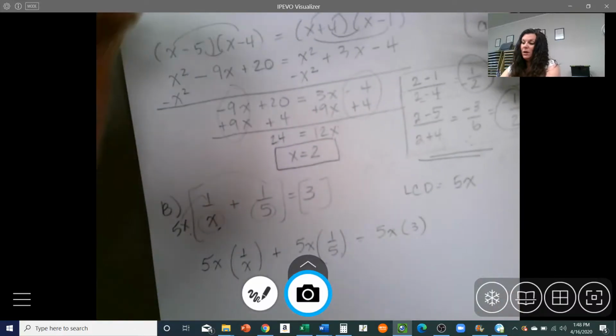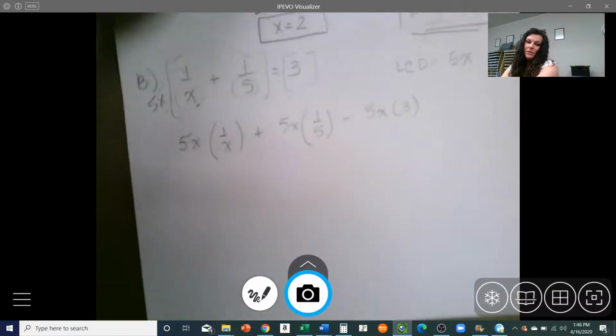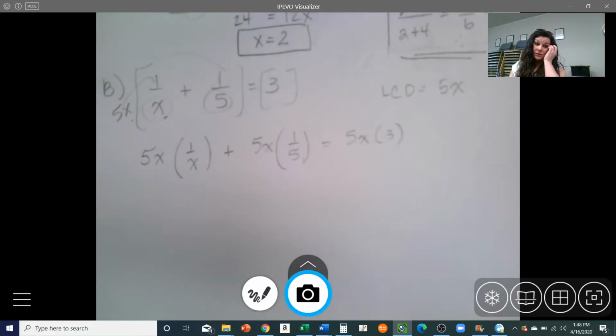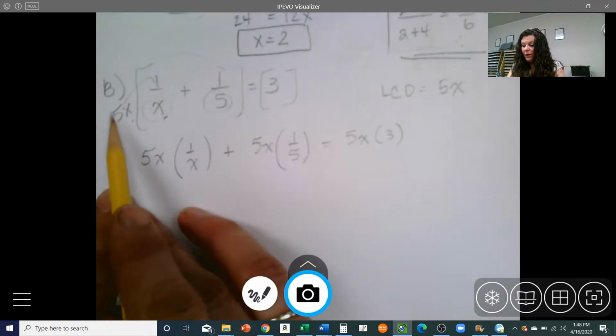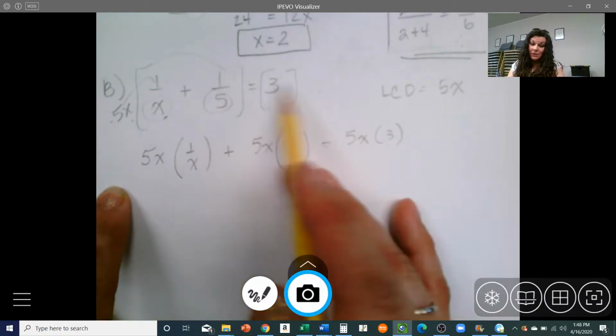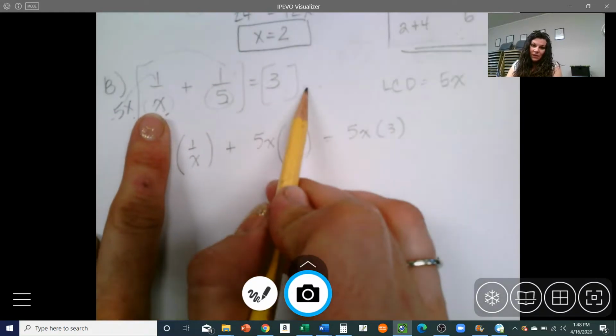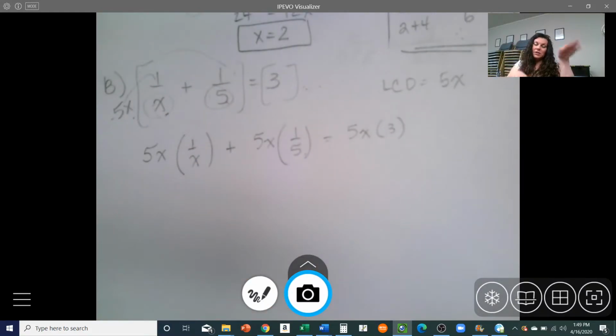I wrote that out long. Some of you can just write that out in one step, simplified, but this is for those of you that need to see it a little bit more clearly. That 5x is multiplied by every single term on both sides. Otherwise, I'm changing it. I can't multiply one side by 5x and not the other side, because remember, our teacher taught us it has to stay balanced.